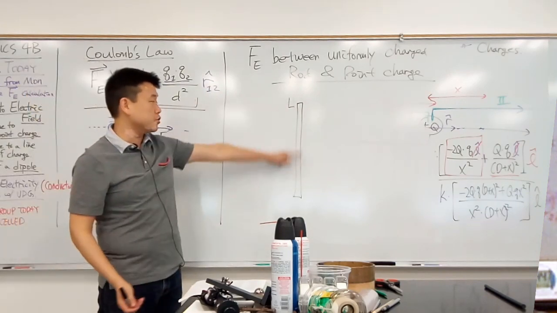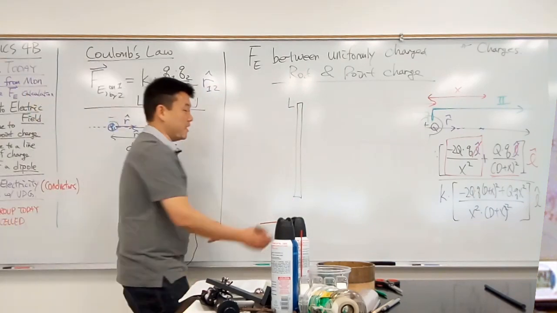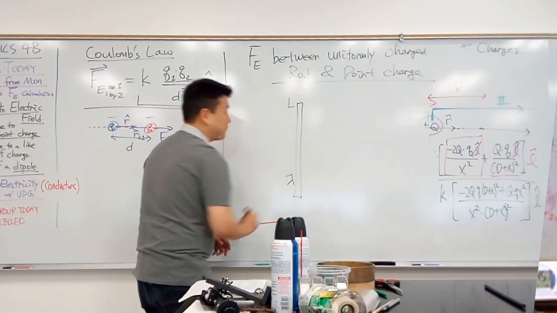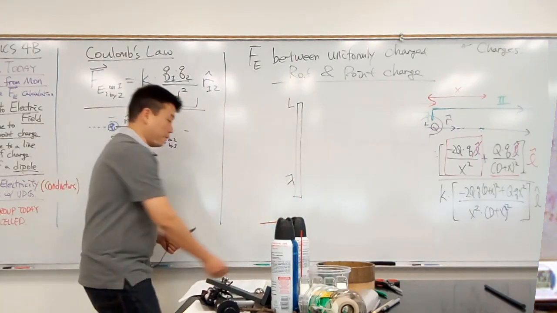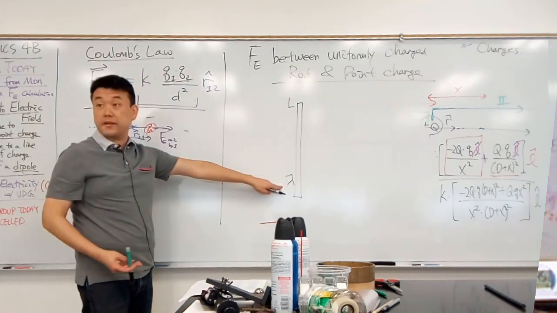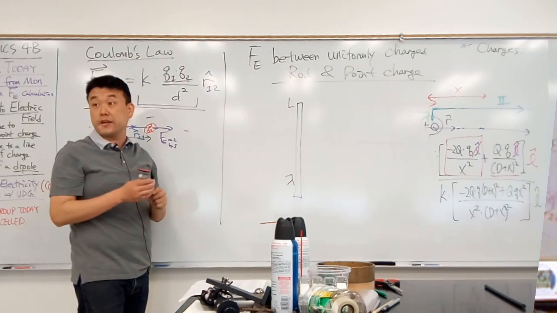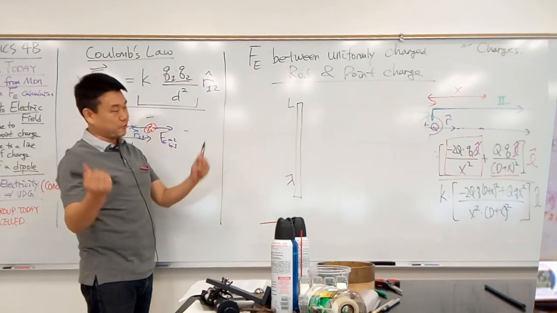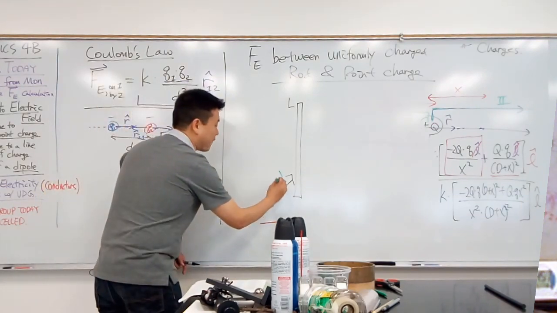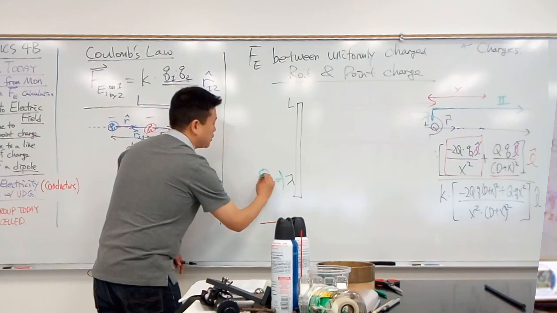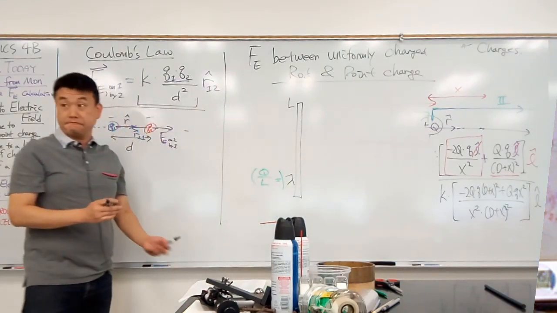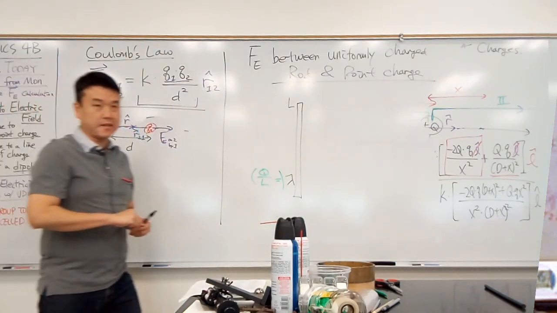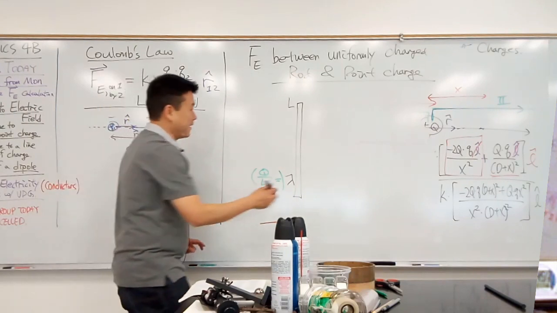Instead of giving the total charge of the rod, I'll just say it has linear charge density lambda. By the way, lambda is a pretty standard symbol for linear charge density, so get used to it. It's defined as the total amount of charge divided by the length of the object.